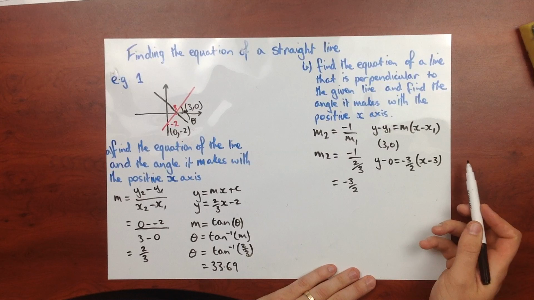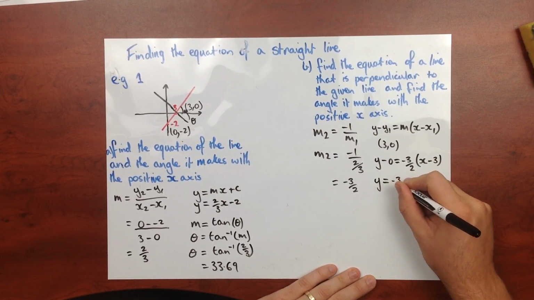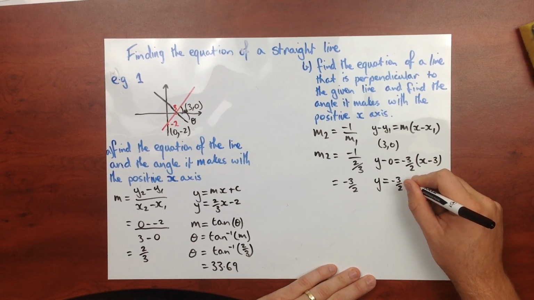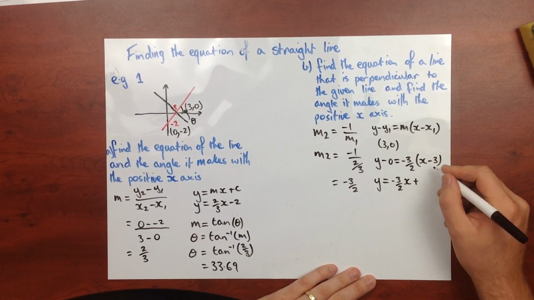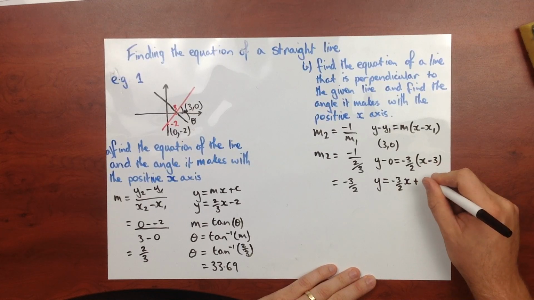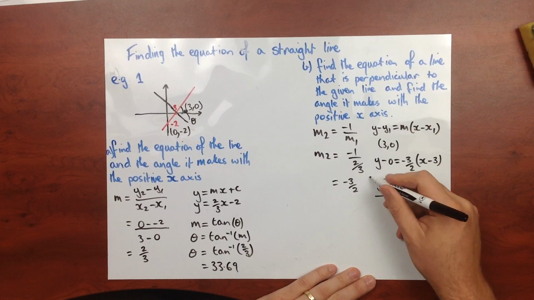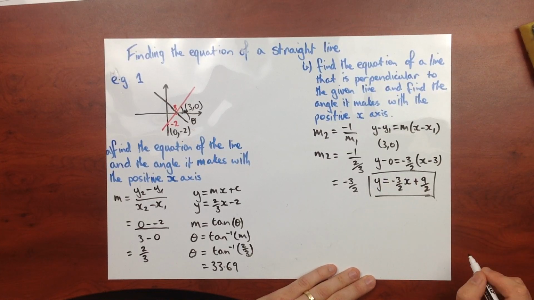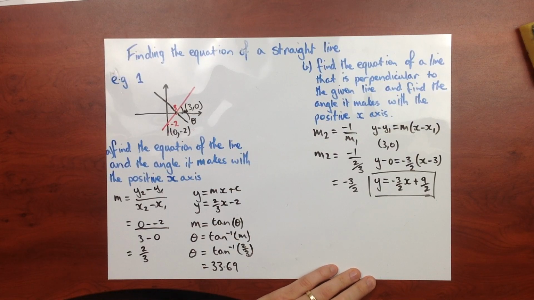Often you need to move this value across, but we don't need to worry because it's just 0. It's -3/2 times x, plus -3 times -3/2, which gives us 9/2. So that would be the equation of our line that's perpendicular and goes through the same point on the x-axis.